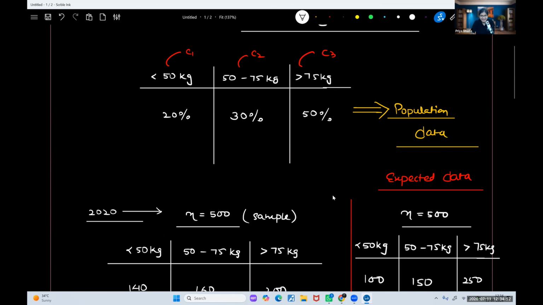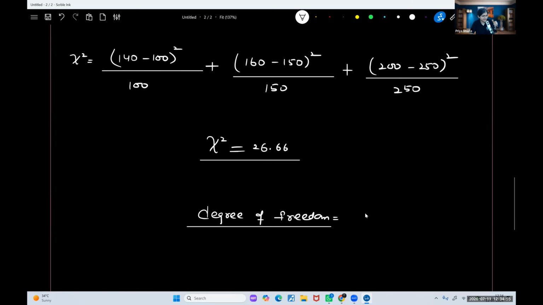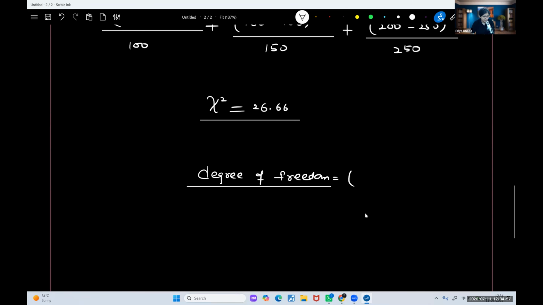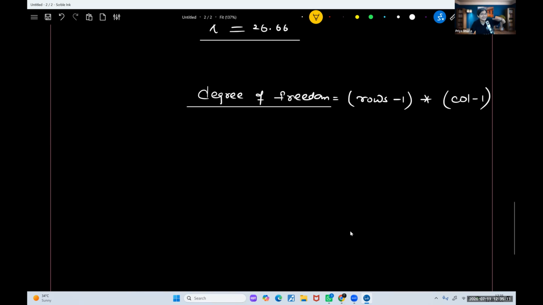So, ideally speaking, the degree of freedom in chi-square test will be how many number of rows you have minus 1 multiplied with how many number of columns you have minus 1. But just in case if you don't have any rows, for example, in today's session, we are not having currently any different parameters.